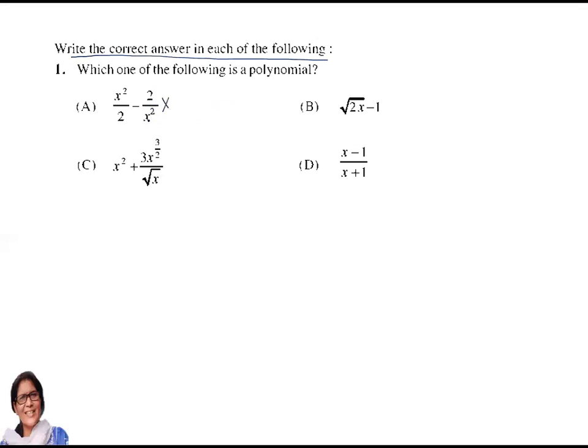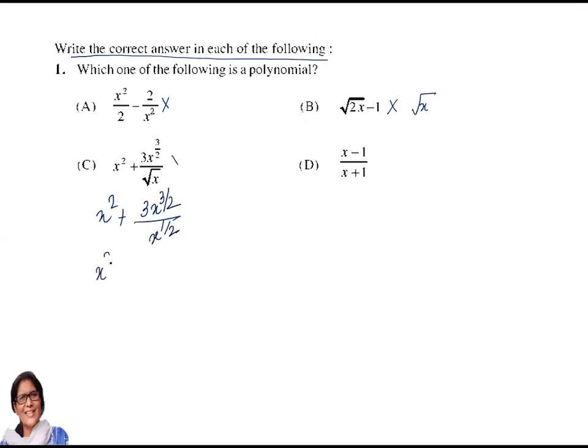Is it a polynomial? No, because it has x as a negative. Is this polynomial? No, because x is root. It is not a polynomial. Is it a polynomial? Let us check. So x square plus this is 3 x to the power 3 by 2, and here x to the power half. You will simplify.